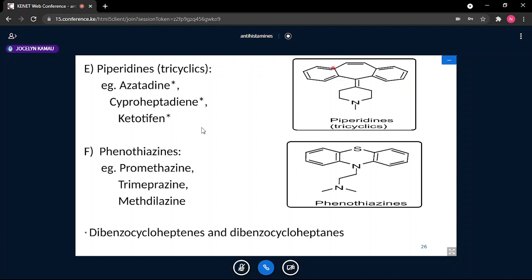And then this ring here, as I have said, in some of these compounds will be saturated. In others, it will be unsaturated. When it is saturated, you can call them cycloheptanes. When it is not, you can call them cycloheptenes, from alkenes. It is an alkane or an alkene.